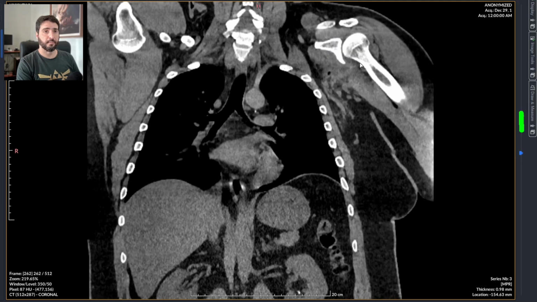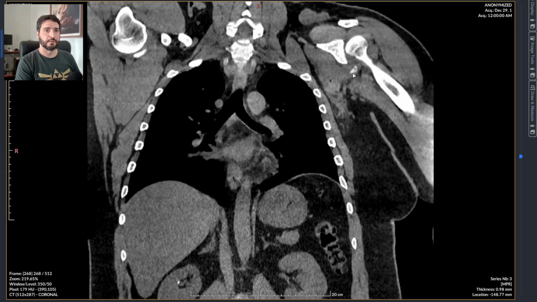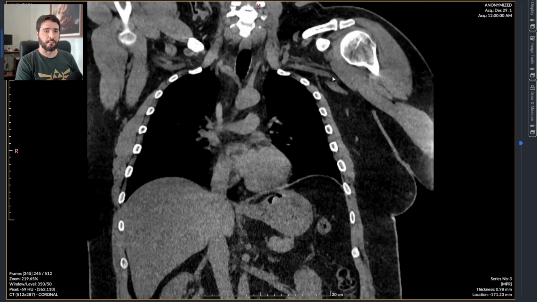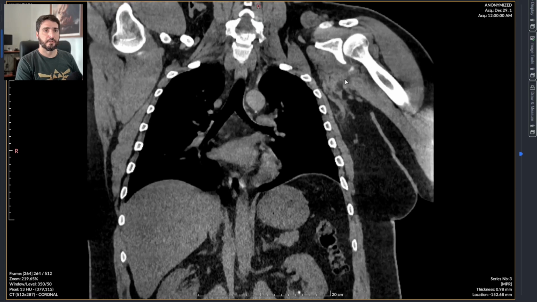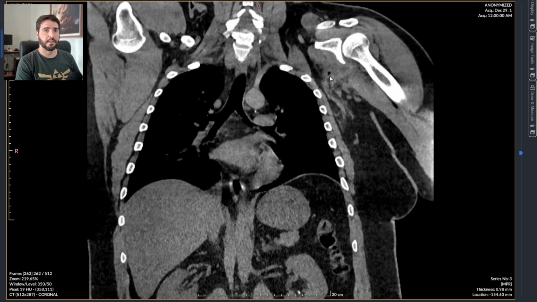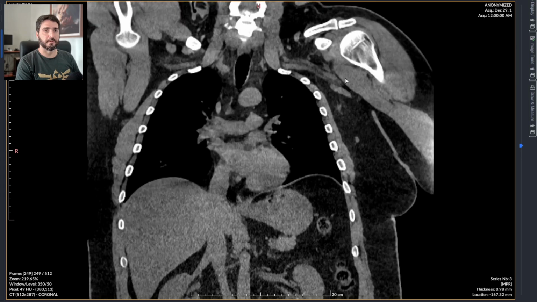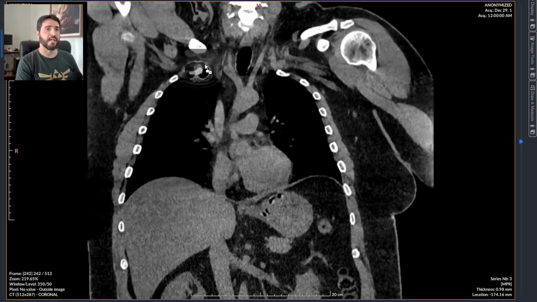The tip of the blade reached this region right here, really close to the axillary and subclavian vessels. There is some blood, some emphysema, some air right there, really close to the vessels. The vessels are right here, and if I roll just a little bit to the front, I can see the blade was right here.